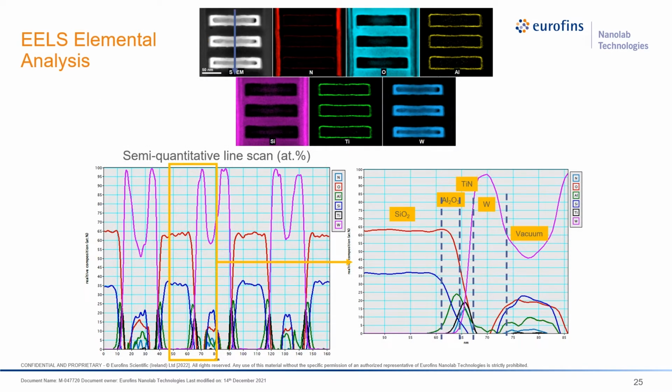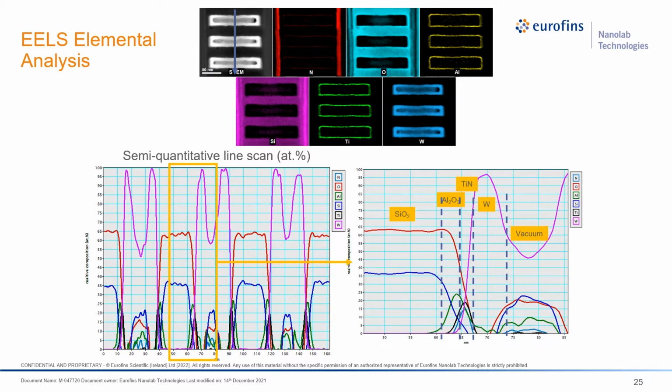EELS elemental maps clearly show that this metal word line is made of tungsten, and it is surrounded by the aluminum oxide high-K dielectric layer and the nitride barrier layer. And also you can see the silicon nitride charge trap layer and silicon oxide polysilicon gate, etc. We can also draw a line scan from top to bottom to better understand quantitatively what these layers are made of.